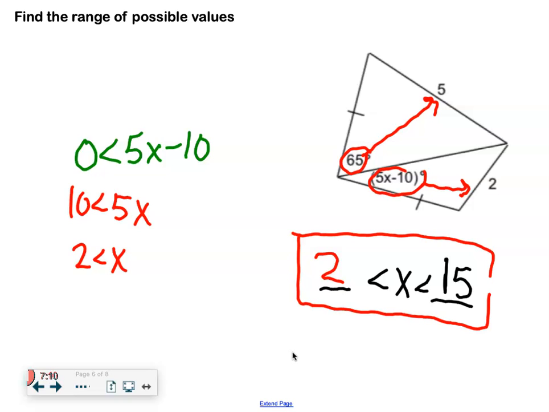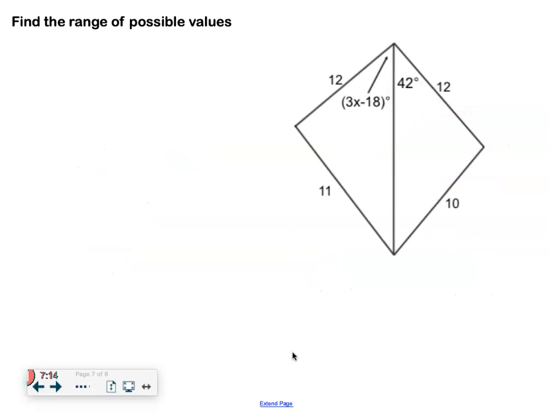But on this next one, let's look. It's a little different. On this next one, if we compare our angles, this is across from 11, and this one's across from 10. I'll call this angle A and B. Which angle's bigger, A or B?